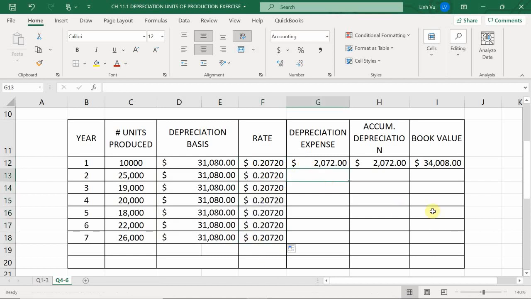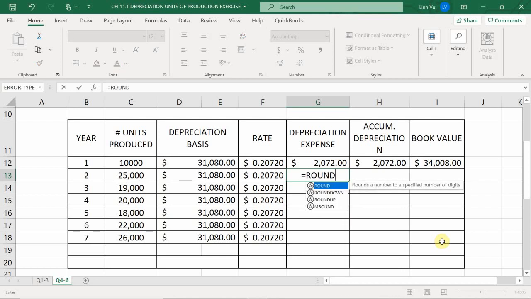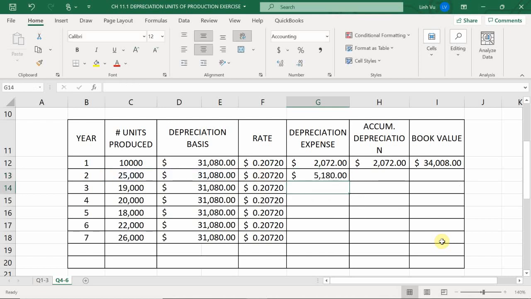Now if I drove 25,000 miles for my second year, what's my depreciation expense going to be? 5,180.